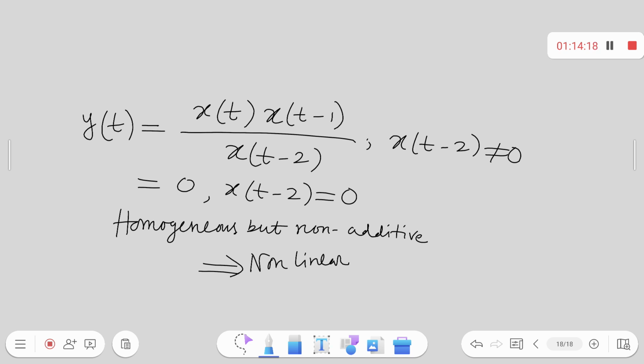What is that? We pick up the property of linearity and the property of time invariance. Together they give us a new class of system, which we call a linear time invariant system, or in short, LTI, or in general terms, LSI system.